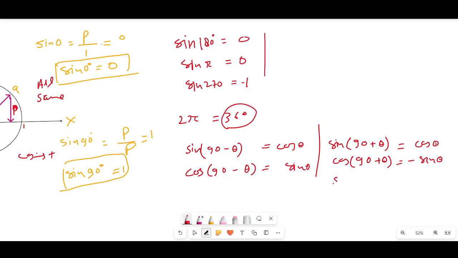Sine 180 minus theta is sine theta, and cos 180 minus theta is minus cos theta. Clear? How does it come?